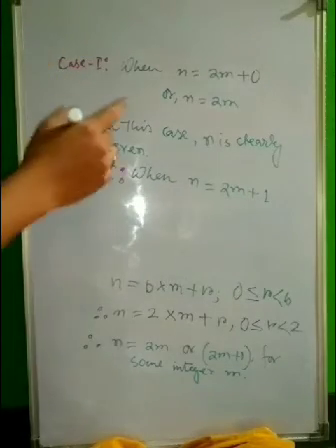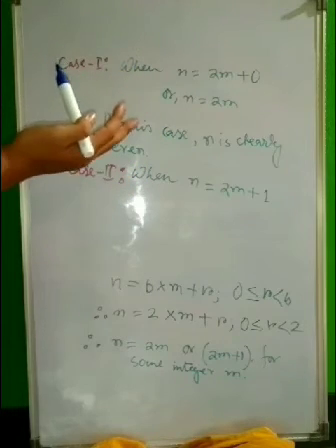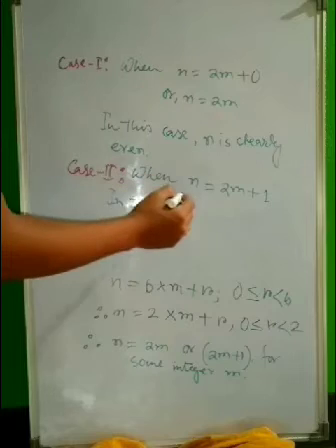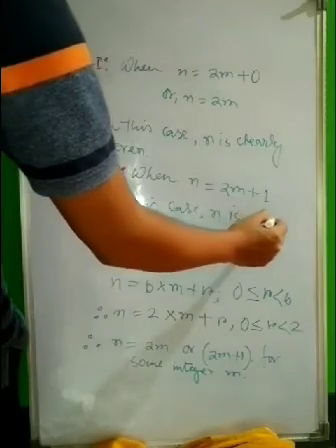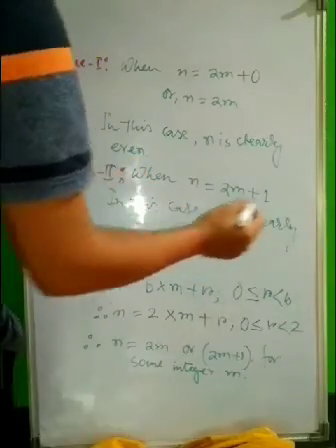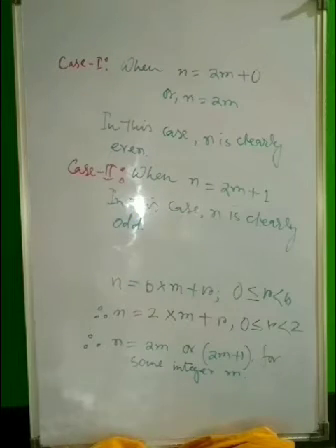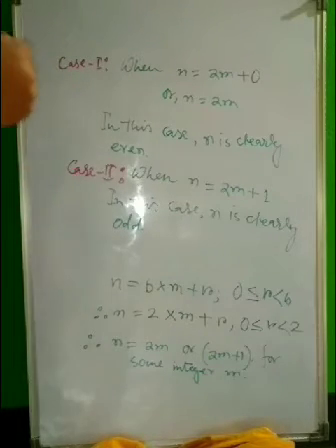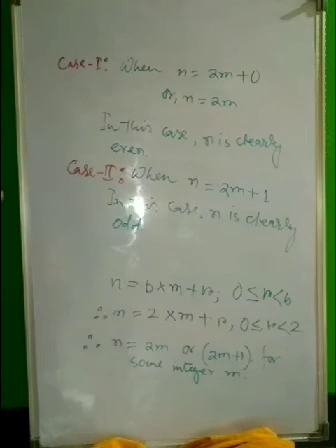When your remainder is 1, then we know clearly 1 is an odd number. So in this case n is clearly odd. So you just have to prove whether your dividend is odd or even. On this question, you just have to prove that much only.